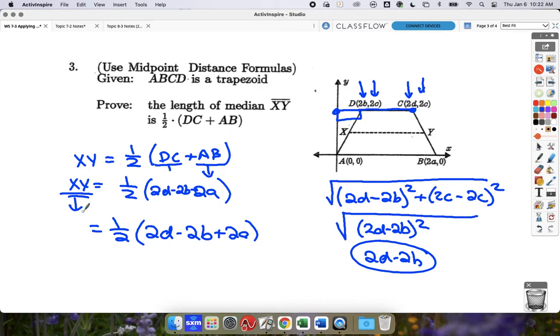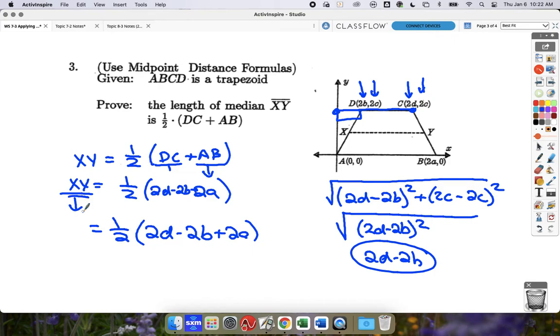What's the problem with calculating the length of XY? There's no coordinates there. So unfortunately, we have to create the coordinates without creating any new variables, and then find the length between the two coordinates that we created.